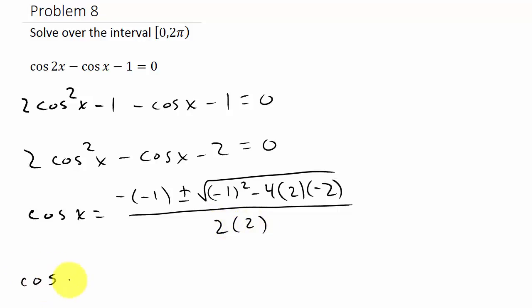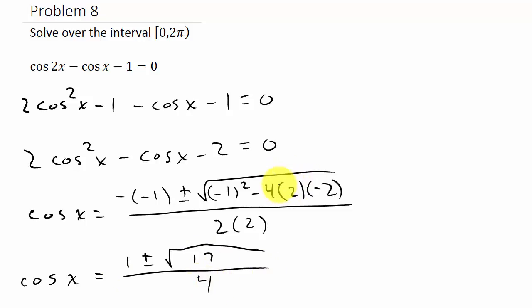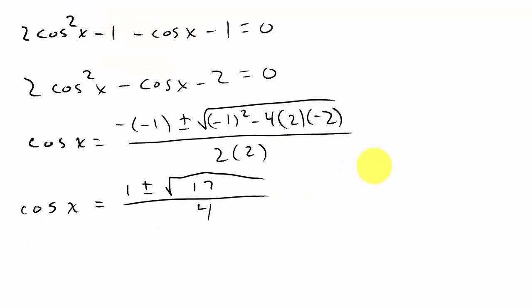And so that's cosine x equals 1 plus or minus the square root of, let's see, what is that, 17, the square root of 17 over 4. So that would be negative 8, 16 plus 1 would be 17.